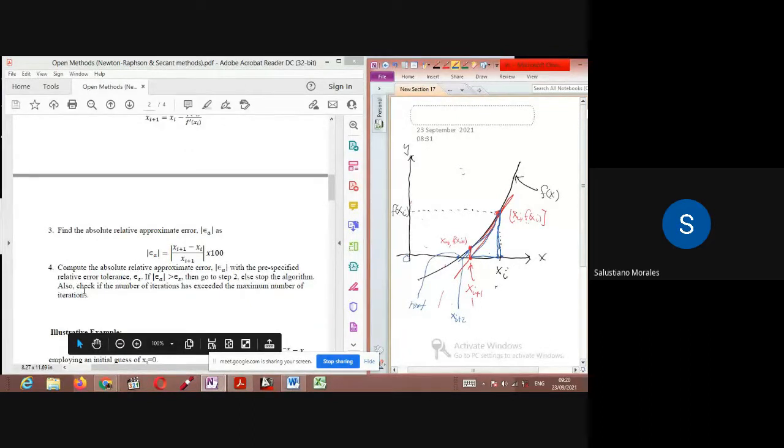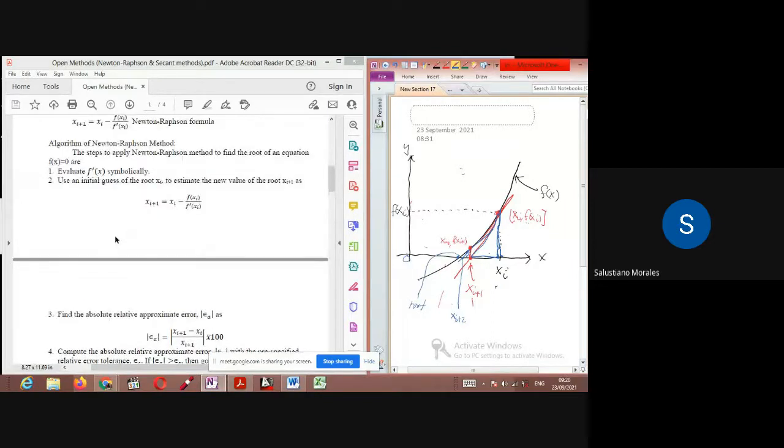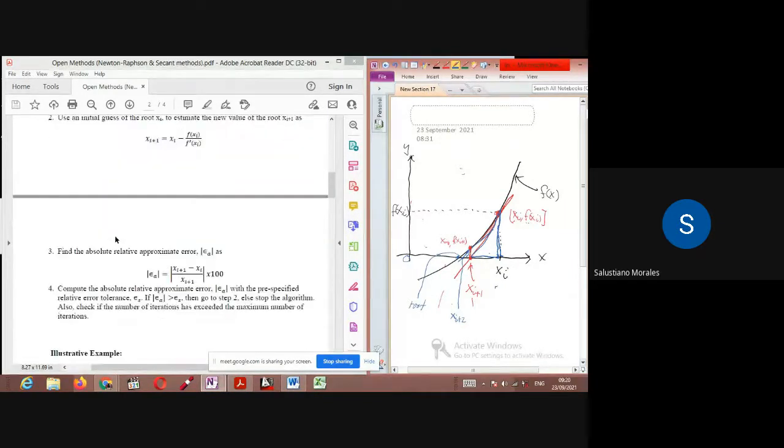And number 4, compare the absolute relative approximate error with the pre-specified relative error tolerance, ES, such that if the absolute value of the relative approximate error is greater than ES, then go back to step number 2. So we're going to compute again the new value of xi plus 1.